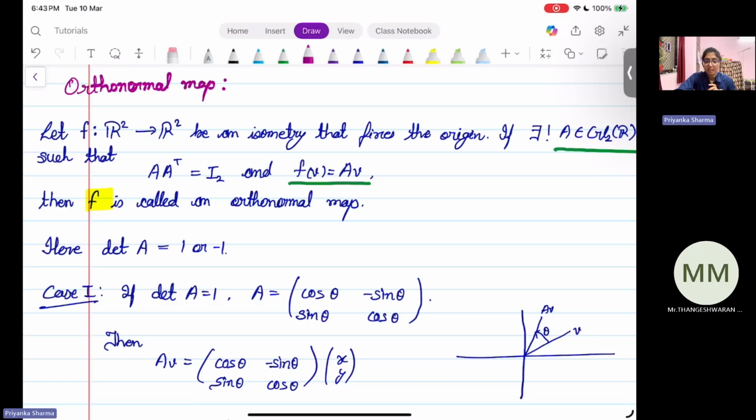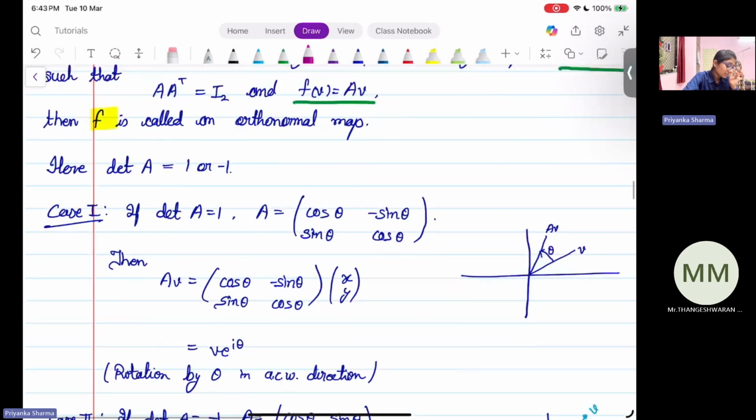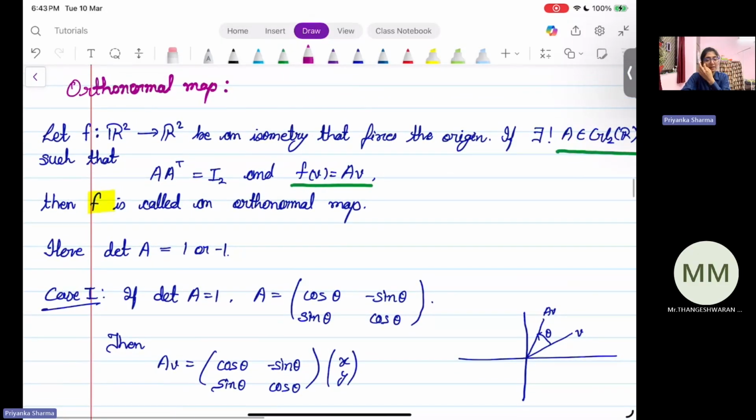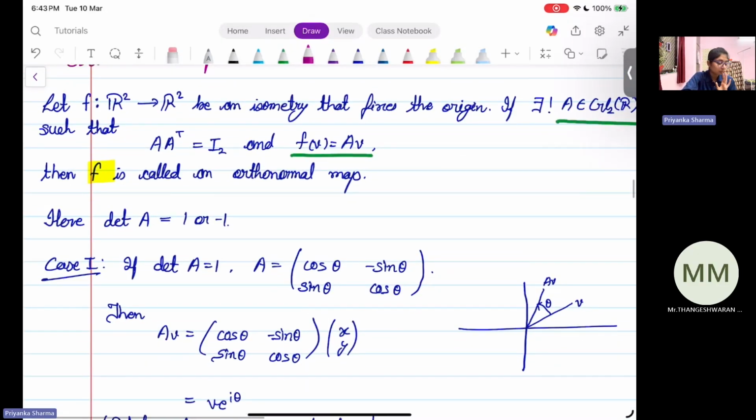As we are working on R square, the determinant of A squared is 1, that is, the determinant of A can be 1 or -1. Now, if the determinant of A is 1 or -1, then the isometry F can be either a reflection or a rotation. So how to further classify?